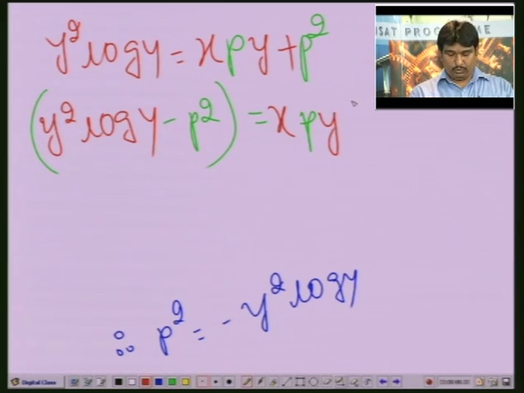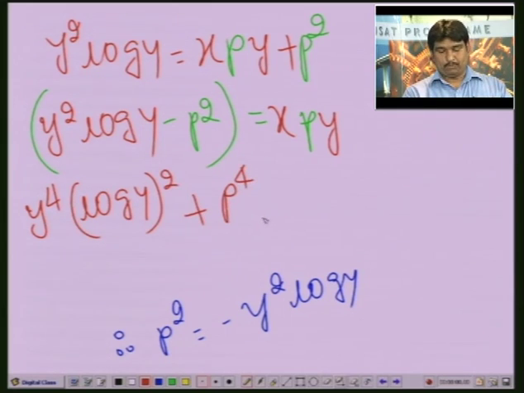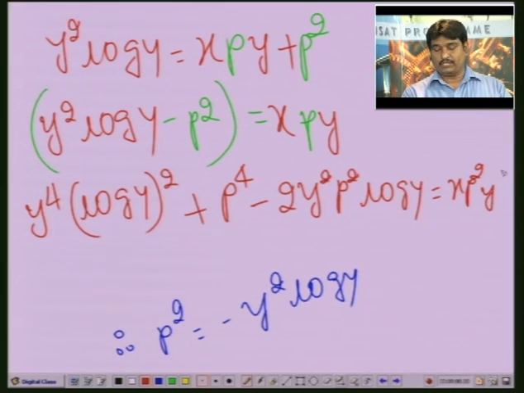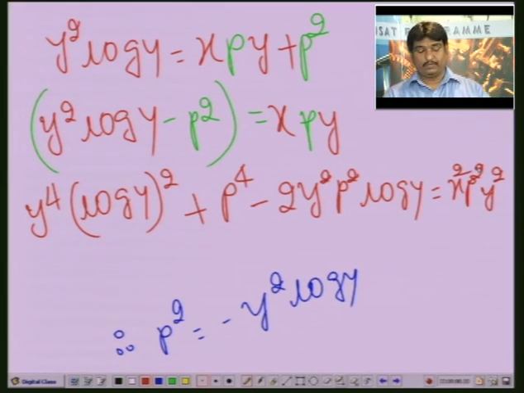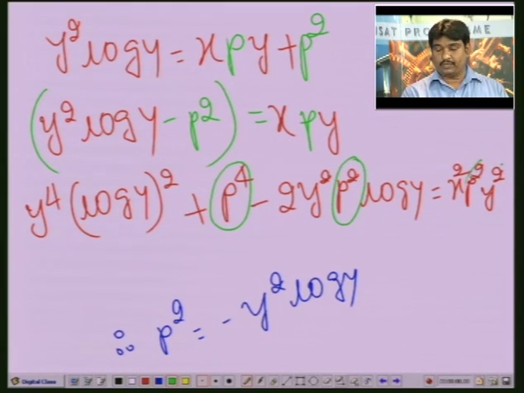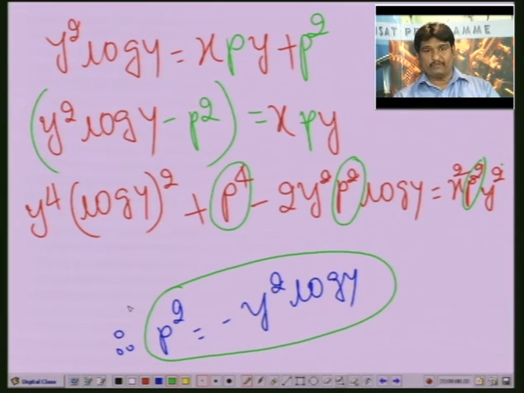If we square it on both sides, we get y to the power of 4 into log y the whole square plus p to the power of 4 minus 2y square p square into log y equals x square p square y square. So everywhere I have even powers of p: p to the power of 4 here, p square here and p square here. So just replace p square by minus y square into log y.